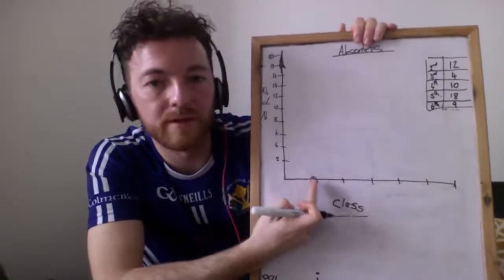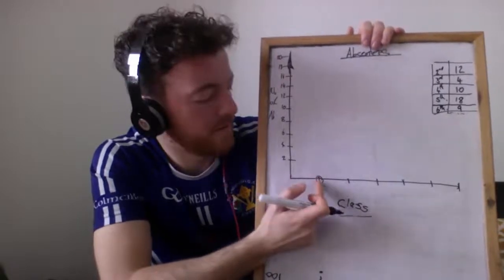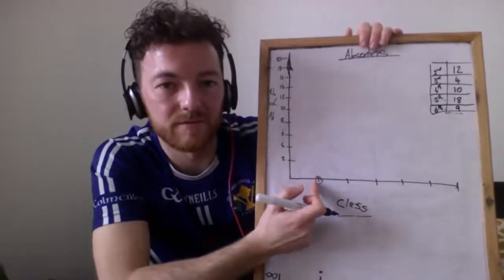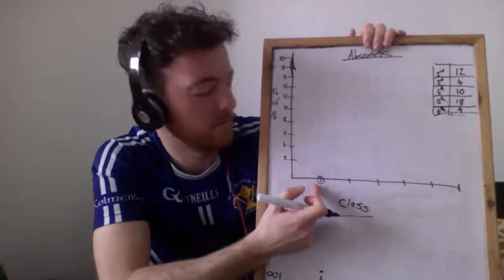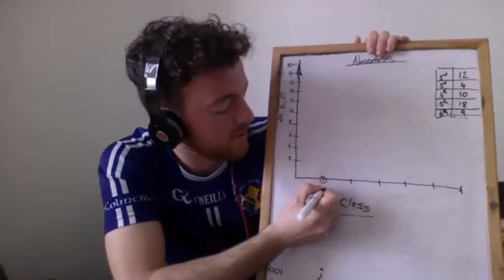It's not in between, because that would be our bar chart. Our line graph is the line itself. The line is the most important bit. All right, so see where that line is? That line is going to be second class. The next line, 3rd, 4th, 5th, and 6th.